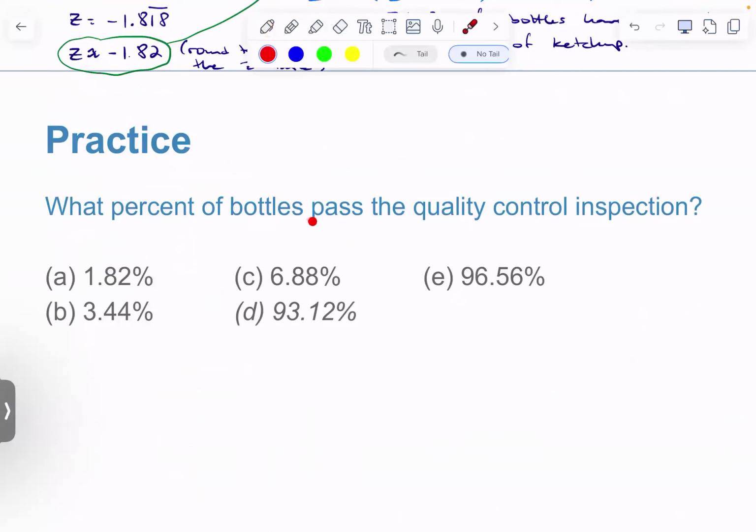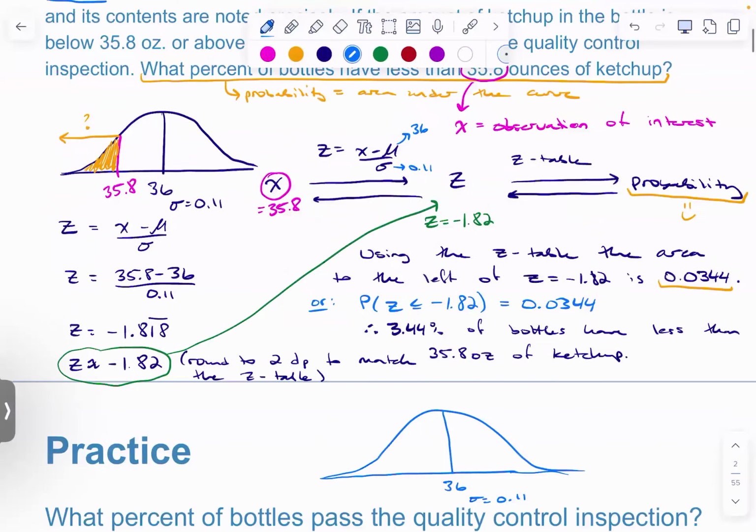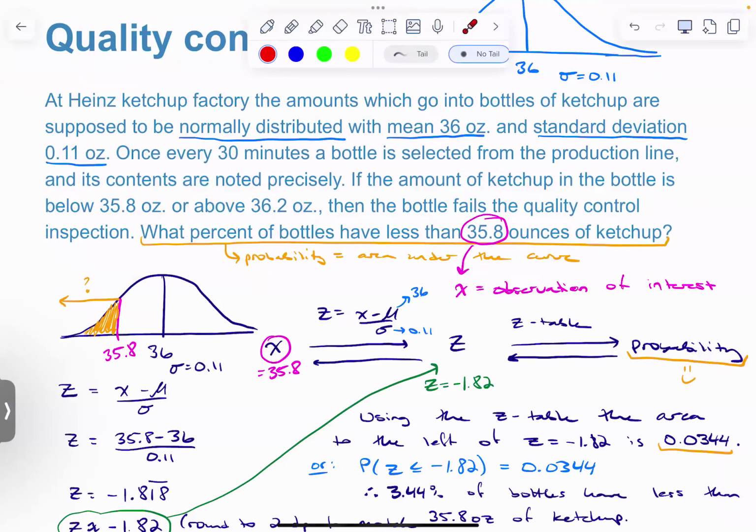What percent of bottles pass the quality control inspection? So if they pass the quality control inspection, well, we remember maybe that the distribution was normal, centered on 36 with a standard deviation of 0.11. And then we were told that if it's below 35.8 or above 36.2, then it fails inspection.